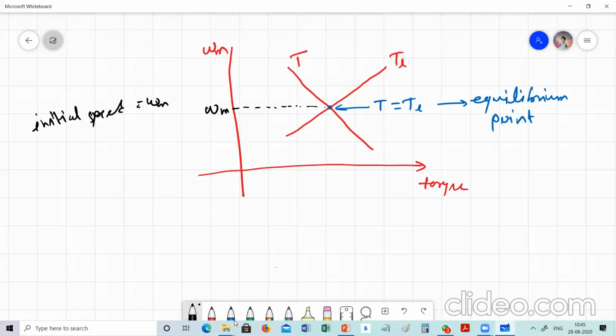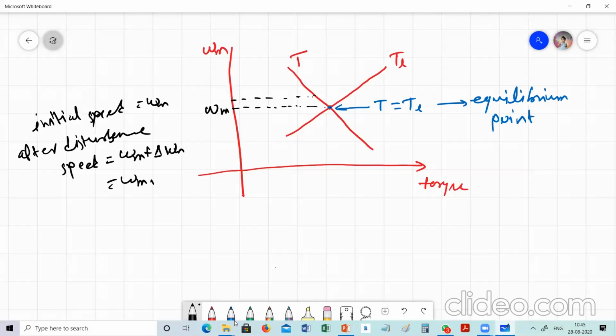After the disturbance, the speed will become equal to omega m plus delta omega m. Suppose this is the new speed, I will denote it by omega m1. This is the new speed.